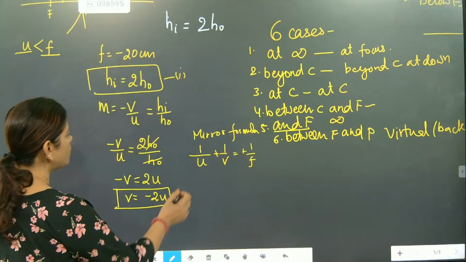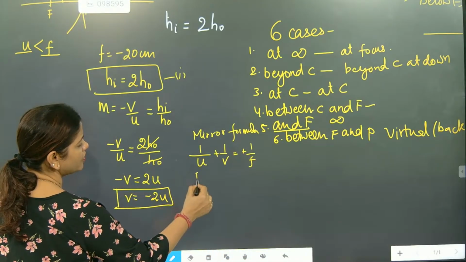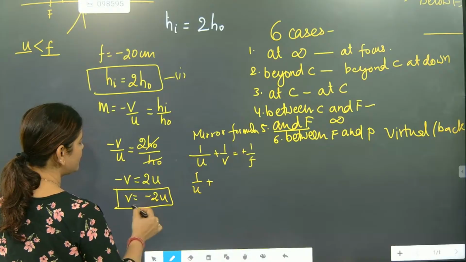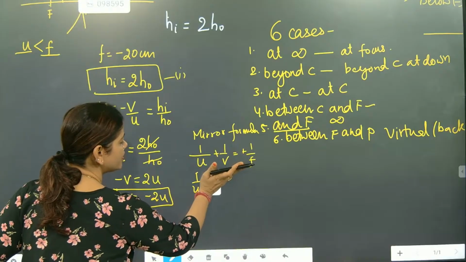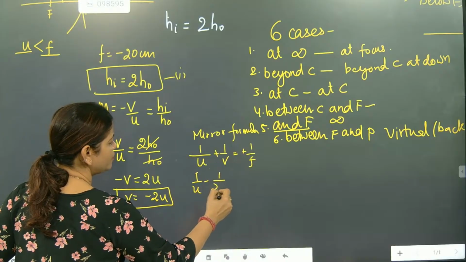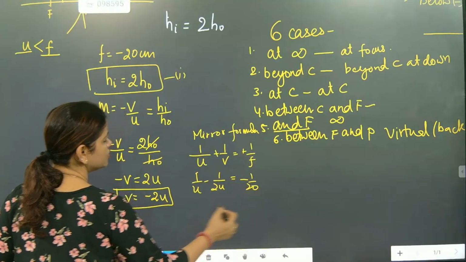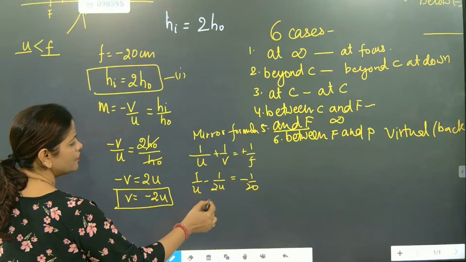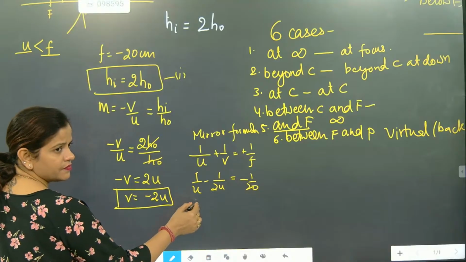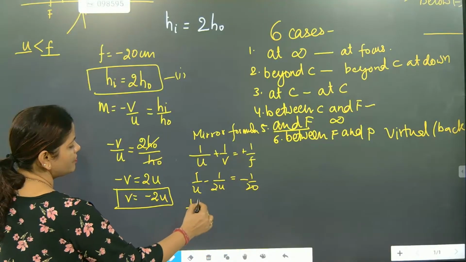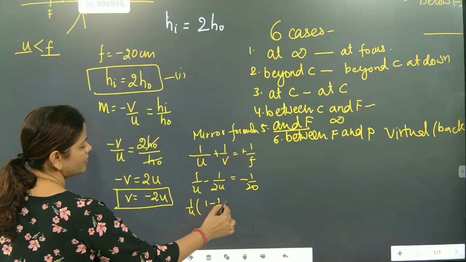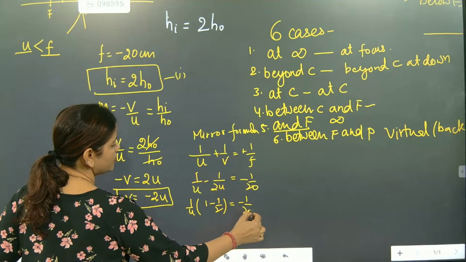Got it? So what is 1 by u? We don't know. But for 1 by v, we write minus 1 by 2u, and the focal length is minus 20, so 1 by f is minus 1 by 20. Taking 1 by u common, 1 minus 1 by 2 is equal to minus 1 by 20.